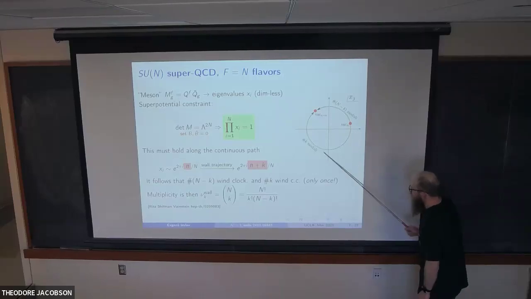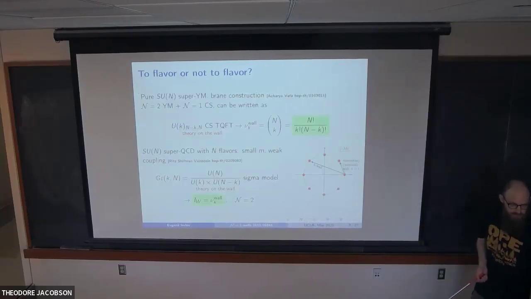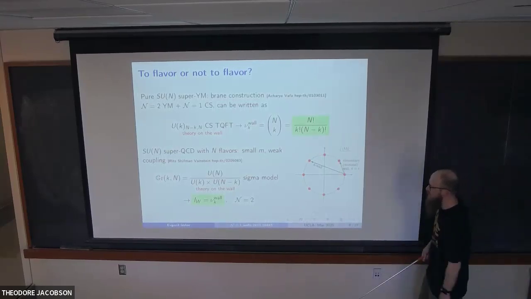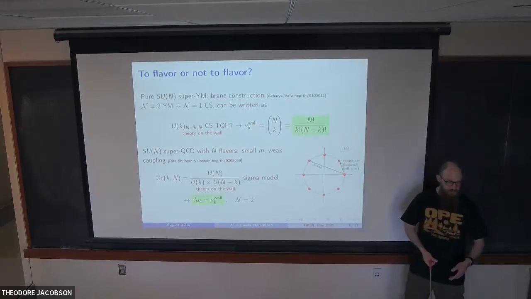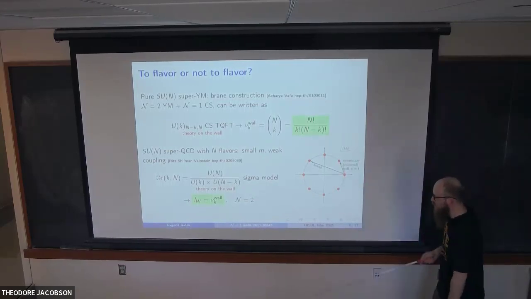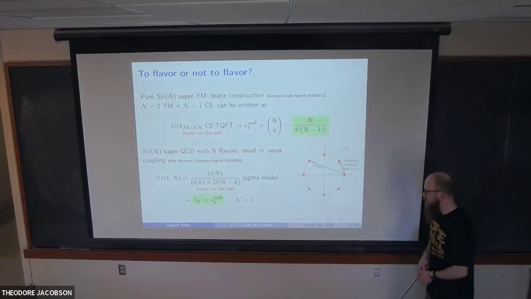Since you picked k flavors which have to go one way inside the wall and n minus k flavors the other way, the wall explicitly breaks your flavor symmetry down to this one, and the quotient is roughly the domain wall theory that you get. Of course, this argument is very naive, but you can do checks.